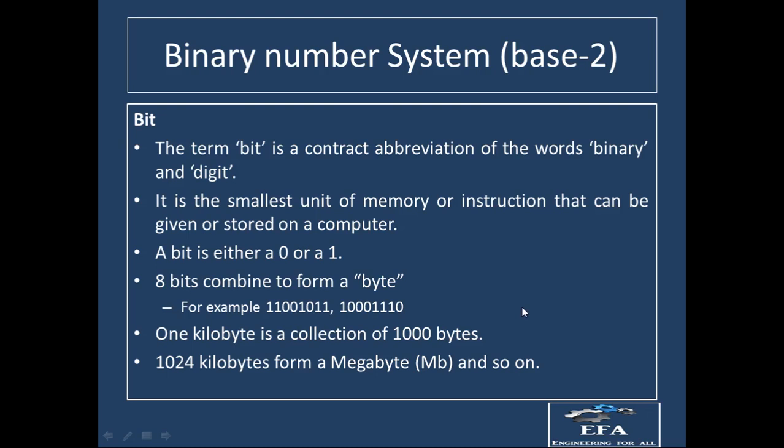Now, as I have already told you, a byte is the combination of 8 bits. 1 kilobyte is nothing but the collection of 1000 bytes, and when we move further to megabytes, this is the combination of 1024 kilobytes, and so on.